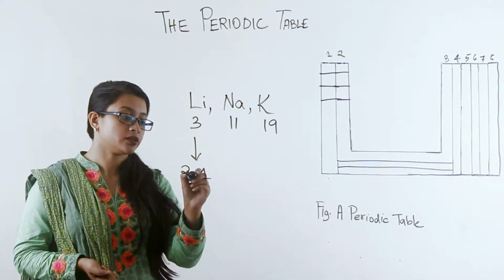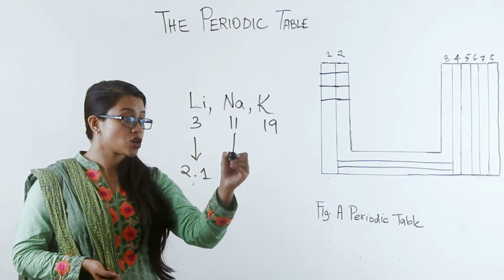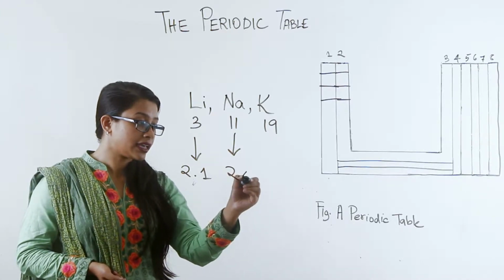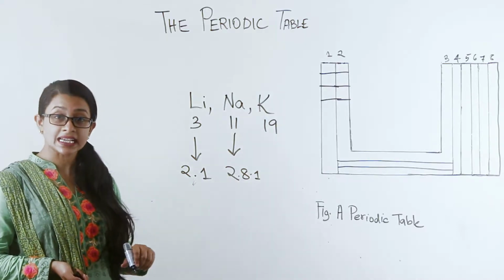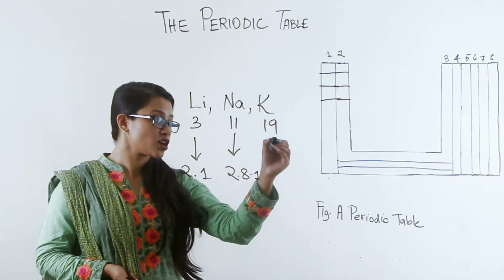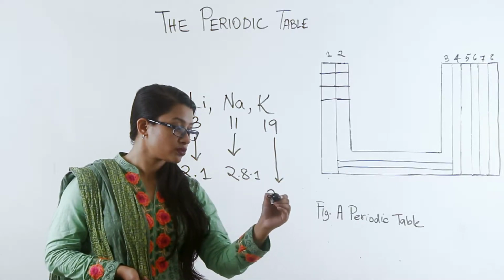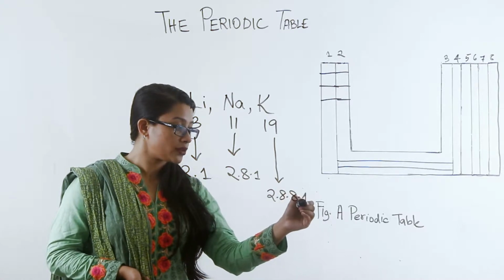And sodium has an electronic arrangement of 2, 8, 1. And then potassium has an electronic arrangement of 2, 8, 8, 1.